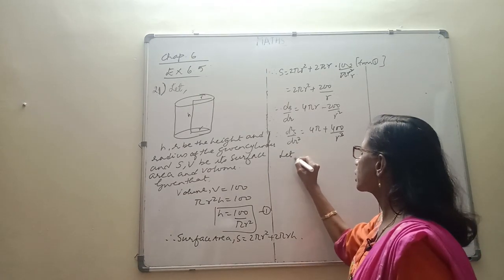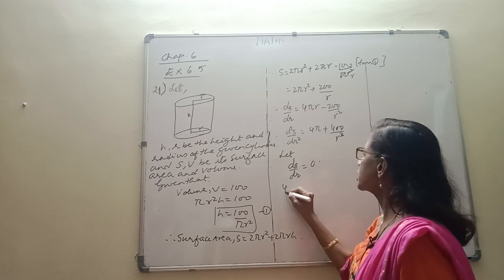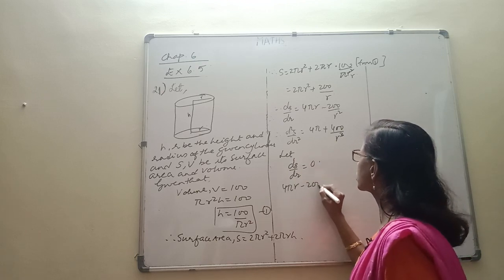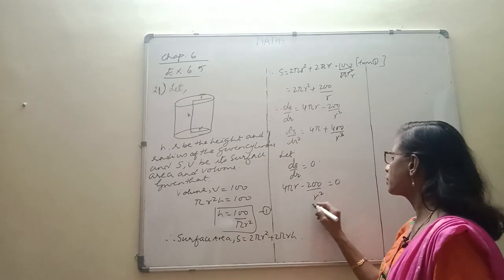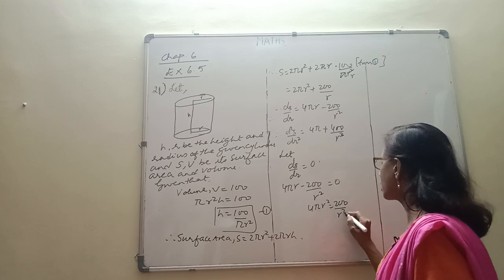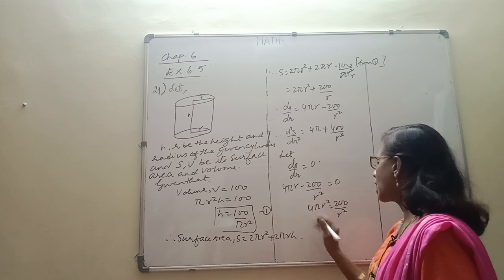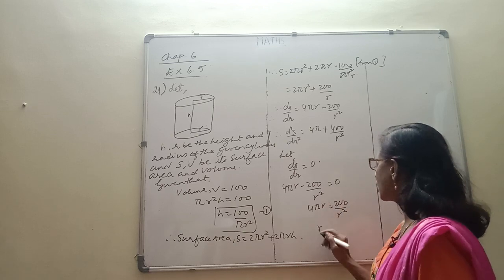So let's go for the critical point. Let dS over dr be equal to 0, which means 4 pi r minus 200 over r squared is 0. So when we rearrange, we have 4 pi r equal to 200 over r squared. Let the r squared go to the other side.